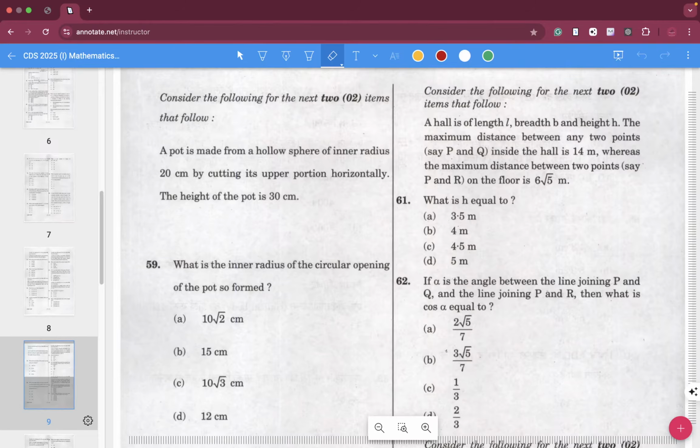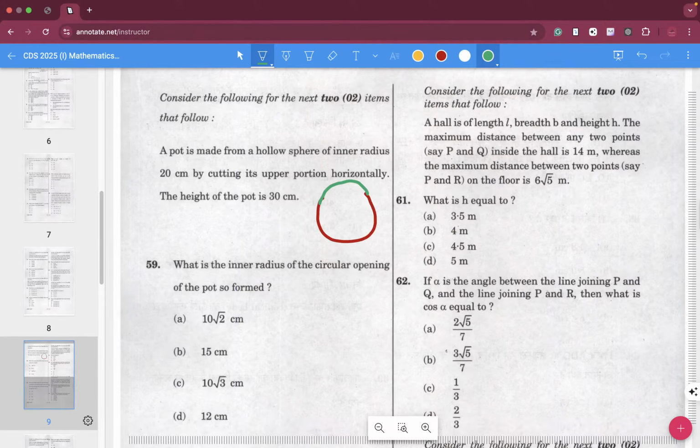A pot is made from a hollow sphere of inner radius 20 centimeter by cutting its upper portion horizontally. Okay, right? We are not doing the last question. So let's say this is your sphere.